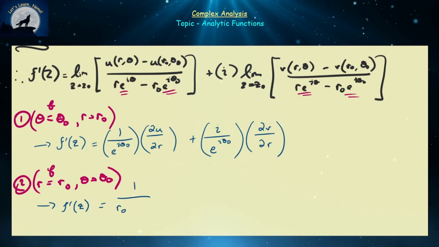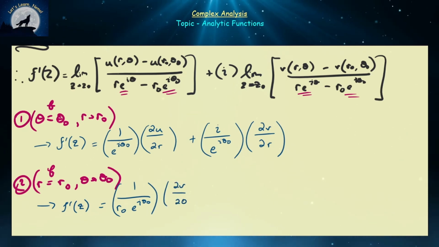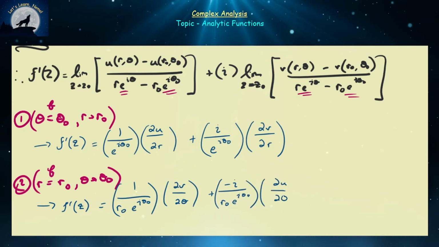You can probably imagine that you're going to have an e to the i theta naught that's going to be constant in both of those terms once you differentiate. And then what you're going to be left with is a partial derivative of v with respect to theta. And then over here you're going to have a minus i over r naught e to the i theta naught, and then the partial derivative of u with respect to theta. So I highly recommend working out those subtle calculations in that particular representation.